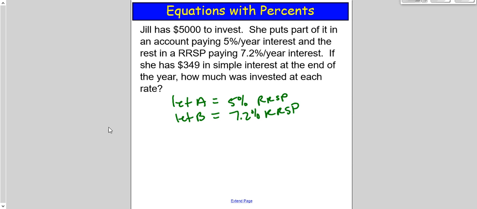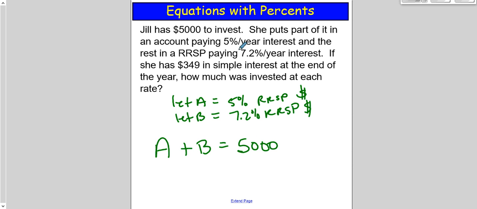So she's going to take some amount of money. Actually, I should put how much money she's going to put into that account and how much money she's going to put in the 7.2% account. So we know she's going to take some money A and then some money B, and all together she's going to spend $5,000. Okay, so we have a money equation.